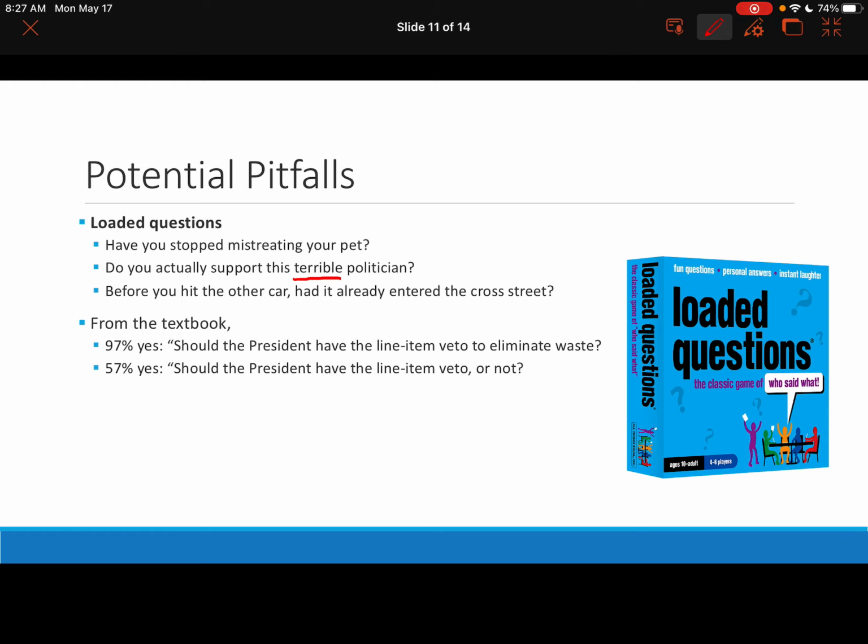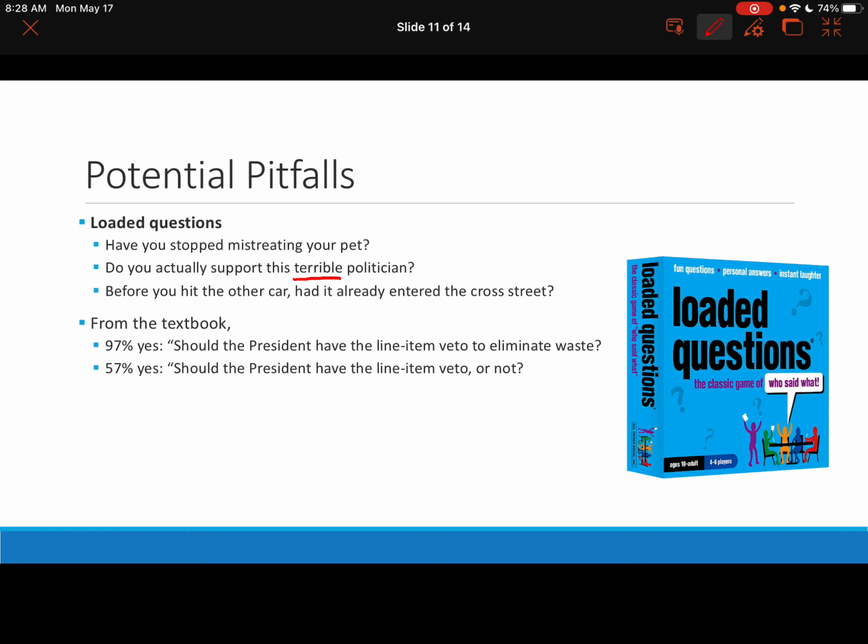So the person already has the assumption that you hit the other car. That's your fault. So no matter what you answer, the answer is already there. You're the one who did the wrong thing. So that's also loaded. From the textbook, two questions are asked.